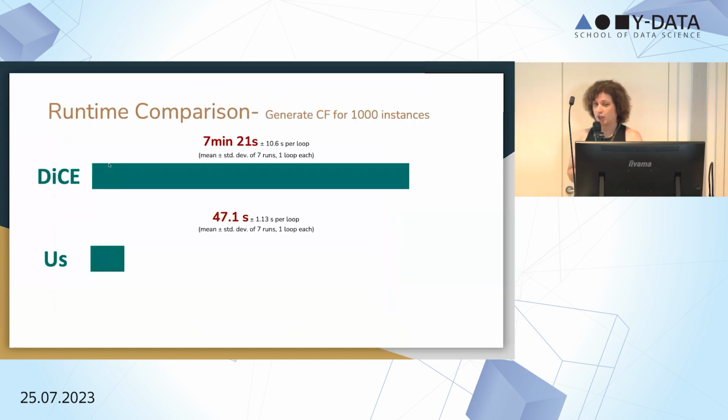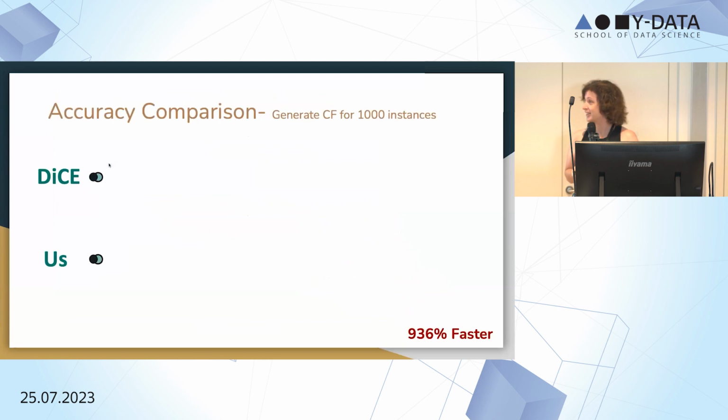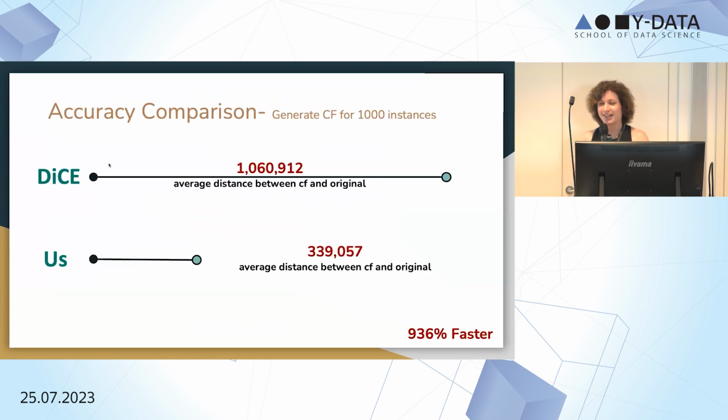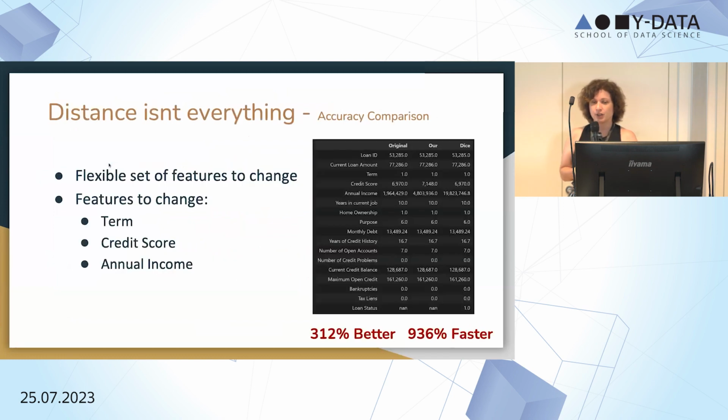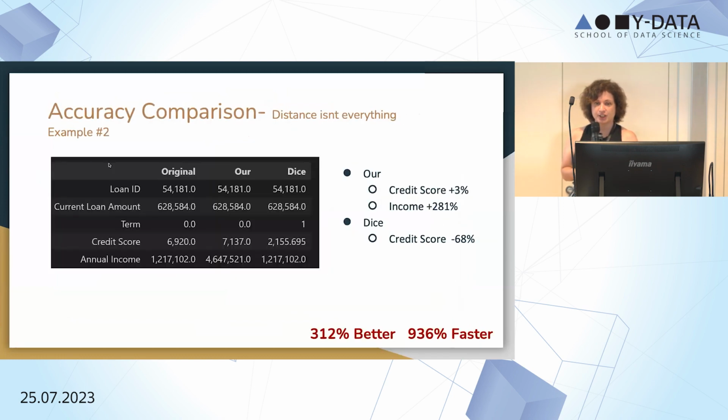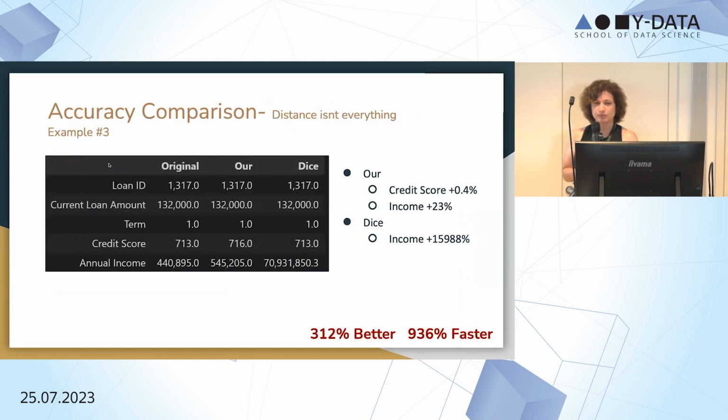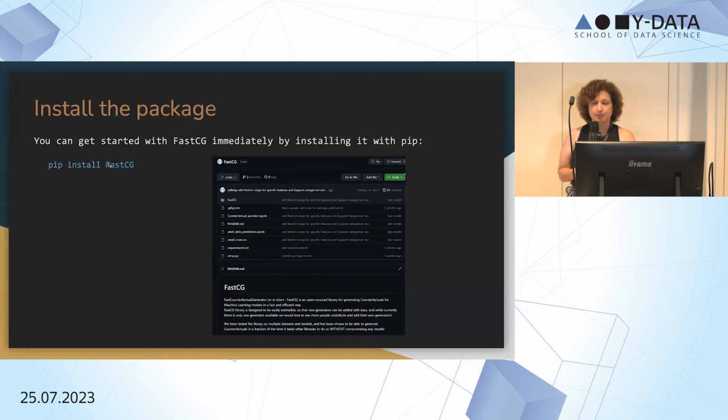And now, when you are thrilled enough, I hope, I will show you how you could use this package. So, the installation. You can install it via pip, and it is very user-friendly because we really tried to give a lot of freedom to the user.